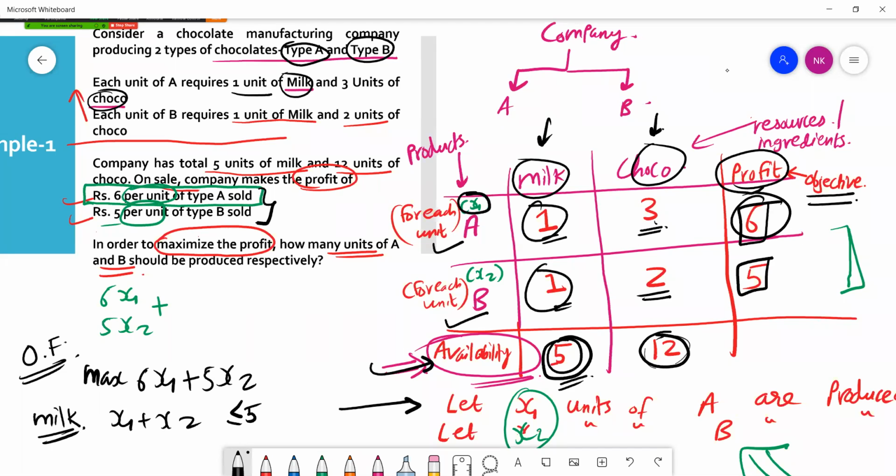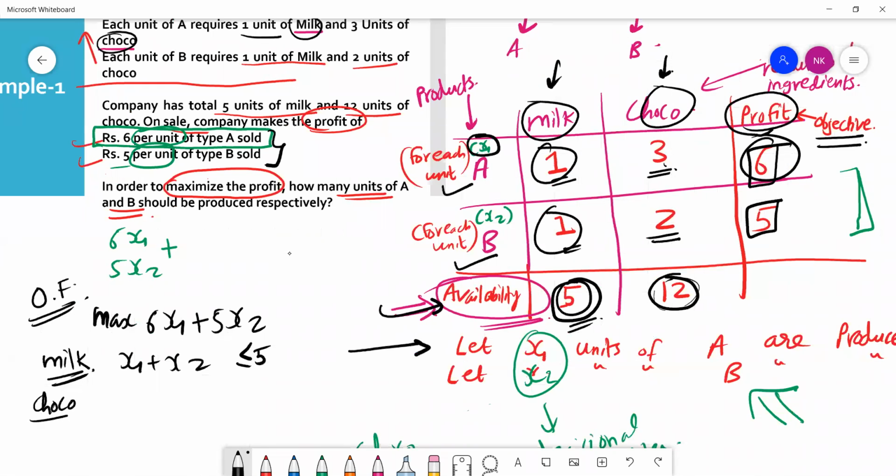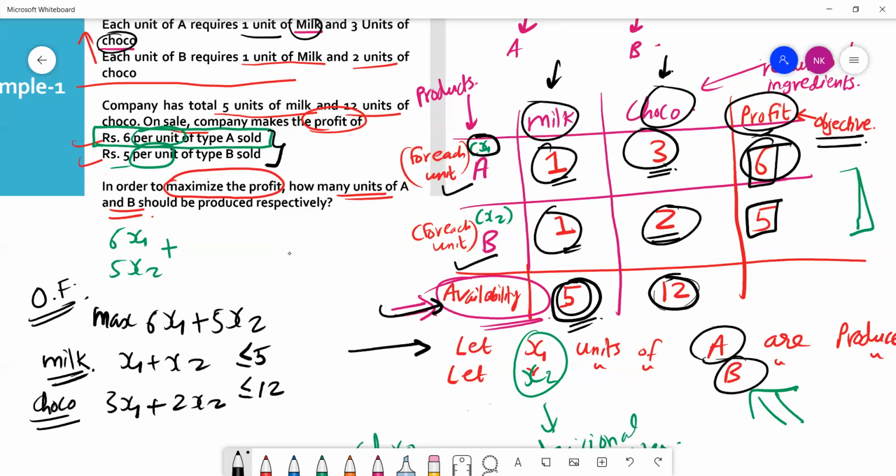Same case for the choco: the available units are 12, with 3 for A and 2 for B. So it will be 3 x1 plus 2 x2 less than or equal to 12, where x1 is for A and x2 is for B.